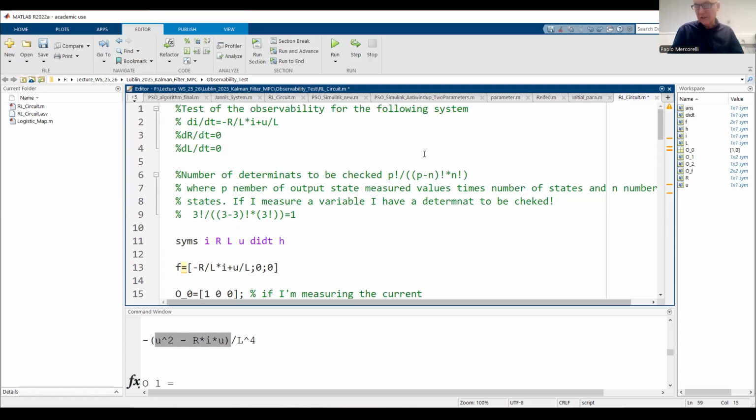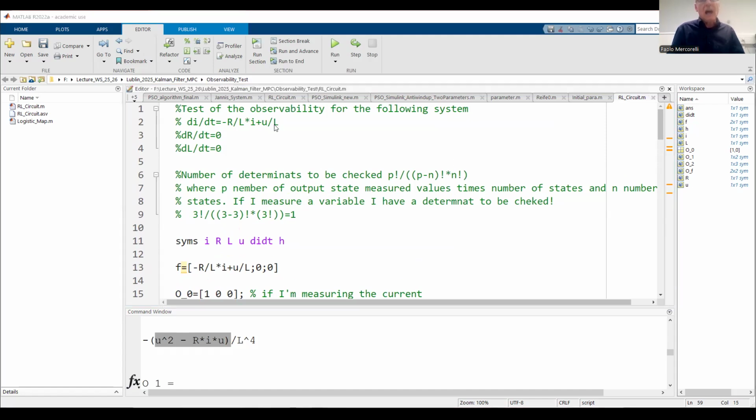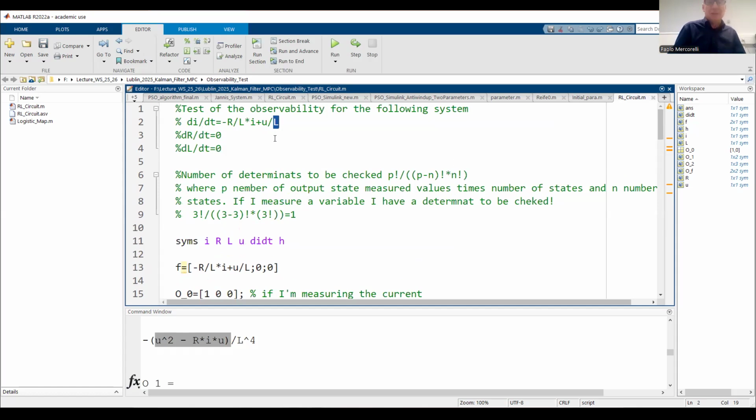But nevertheless, interesting. If I don't want to have information about L, assuming that I know it perfectly, I don't need a signal U, because to estimate the current and R is not so difficult in this sense, because R is multiplied by the current, which I measure.